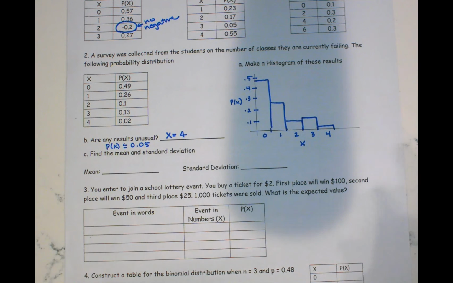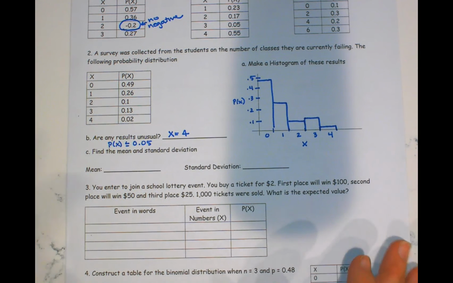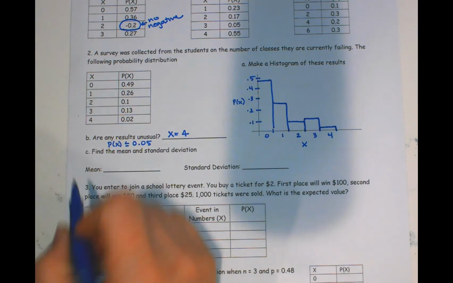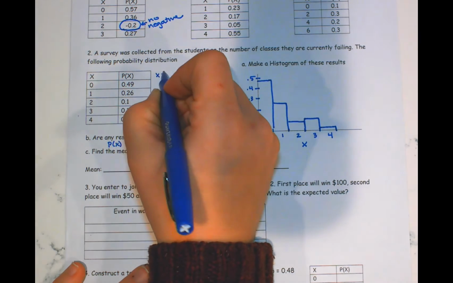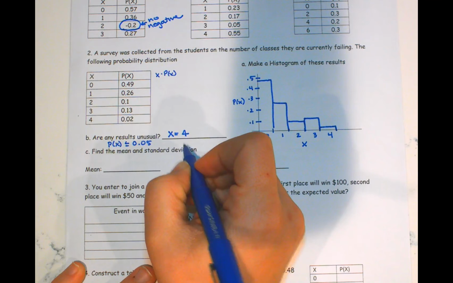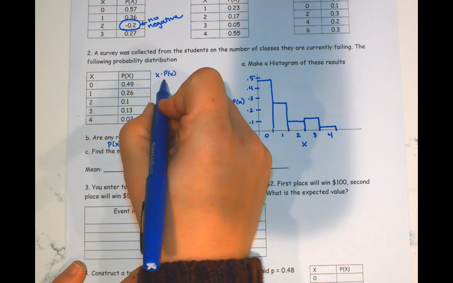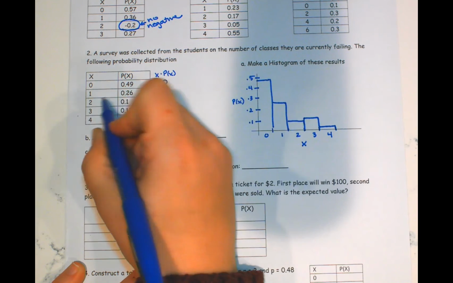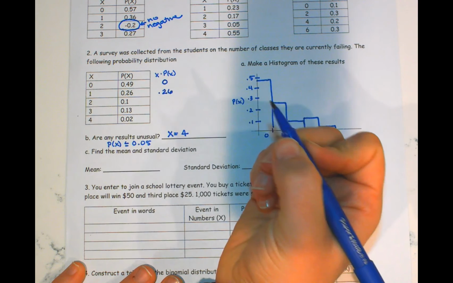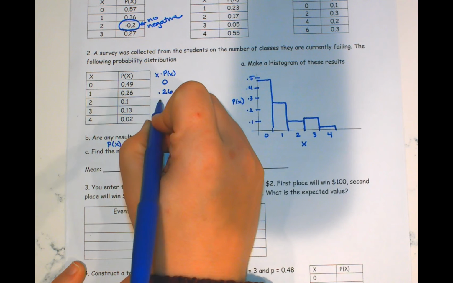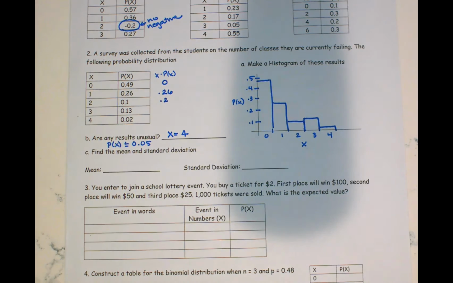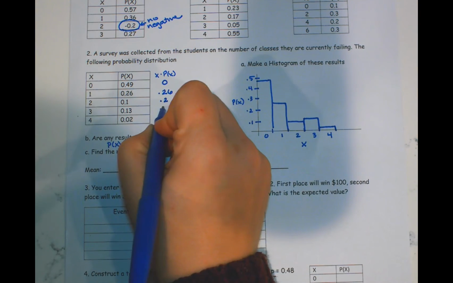All right, so then we need to find our mean and our standard deviation. So remember, to find your mean, you're just going to do x times p of x and add up all these values together. So 0 times 0.49 would just give me 0. 1 times 0.26 would give me 0.26. 2 times 0.1 would give me 0.2. 3 times 0.13 would give me 0.39.